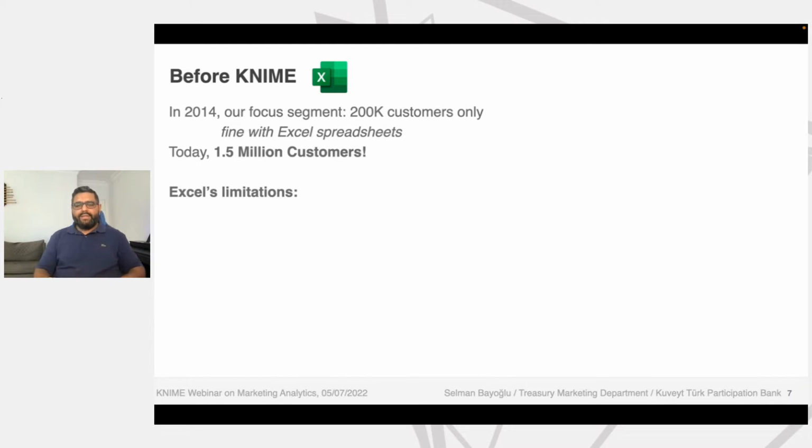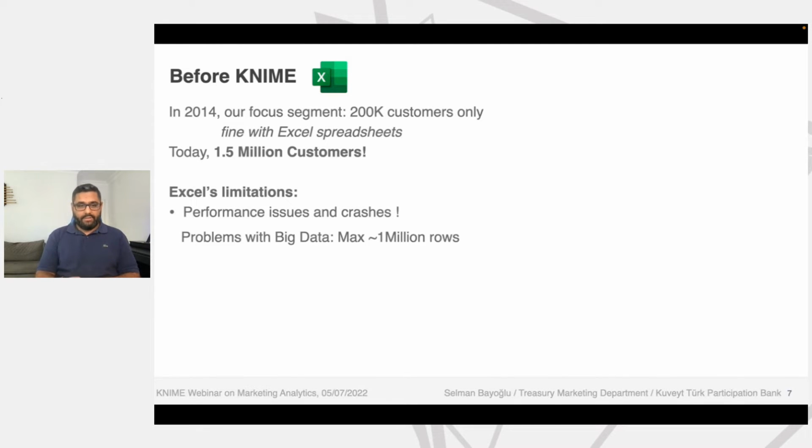But when we go over 1 million rows of data, Excel has some limitations. What sort of limitations? Performance issues, crashes, and lots of problems with big data, because Excel has roughly 1 million rows. Processing data in separate Excel files was the only choice for us: when we went above 1 million, we processed data in different Excel files because they could not all be put in the same file.